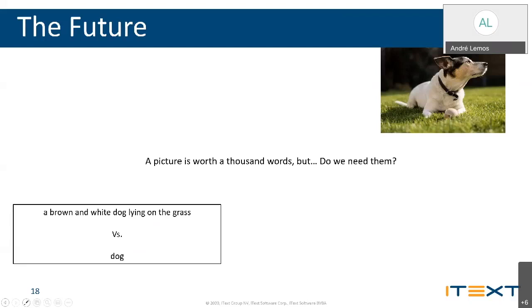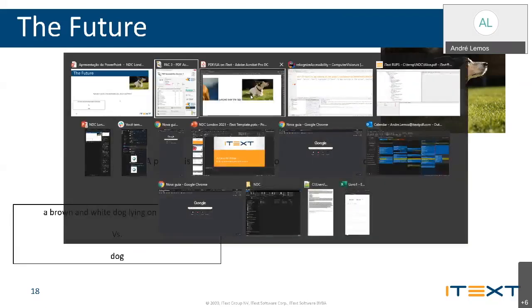So a question to you: should we play on the safe side and use a fuller description that will probably give us a better, more accurate description of what the image is? It does paint a better picture, no pun intended. So let me pull up the PDF file.